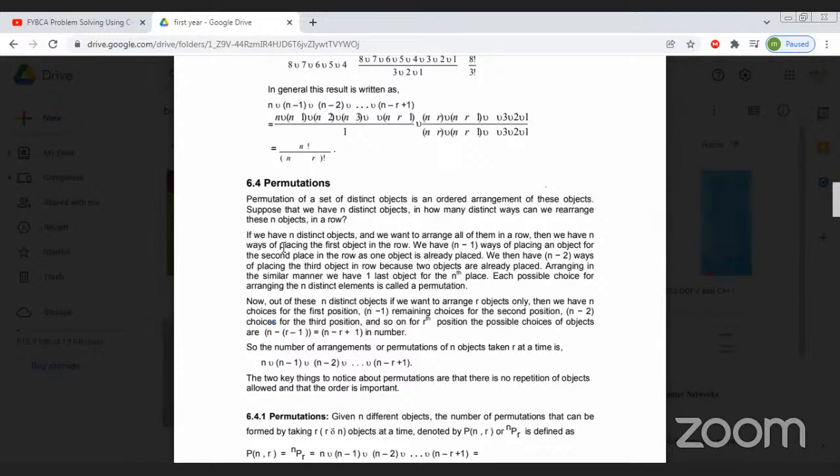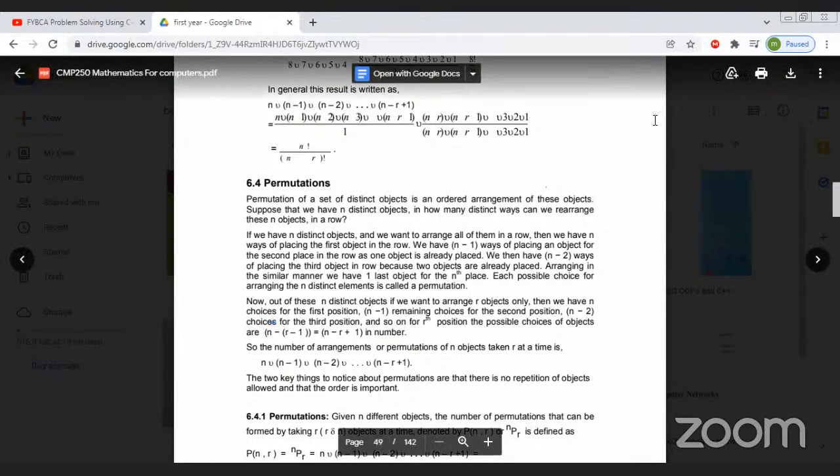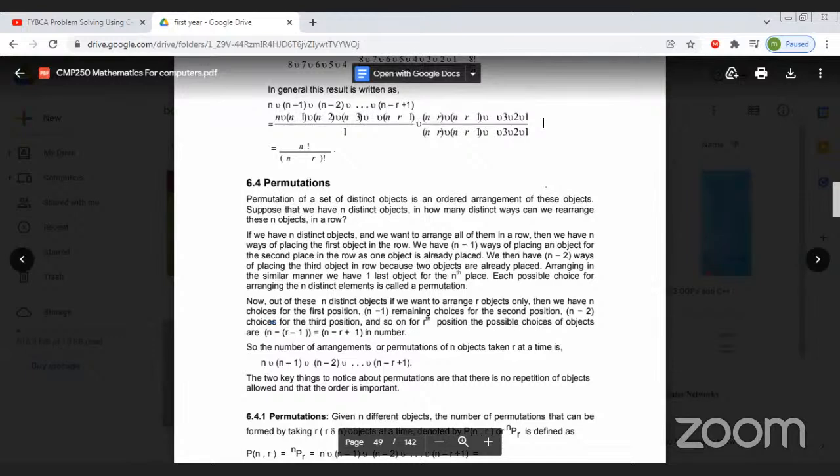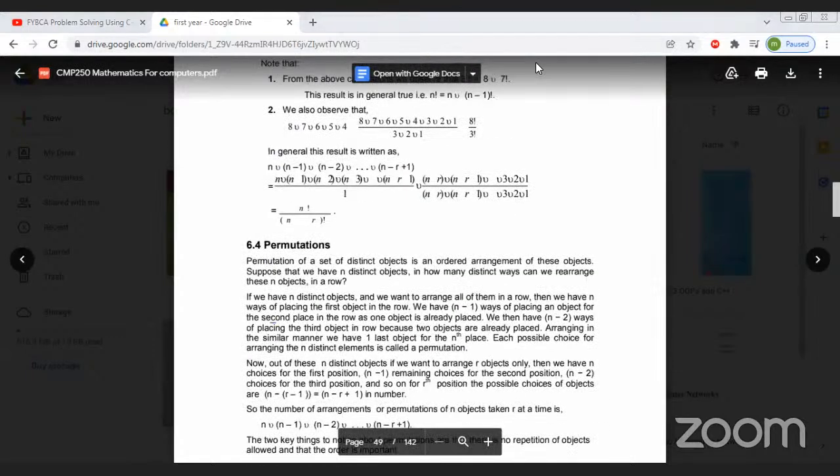Then we have n places, correct? There are n in the row, so n places will be there for the first one, then n minus 1 places for the second place. See, the earlier example: O, N, E. Here it was 3 places, here 2 places and 1 place. If we consider this as n, the second place will have n minus 1, and the next one will be n minus 2.